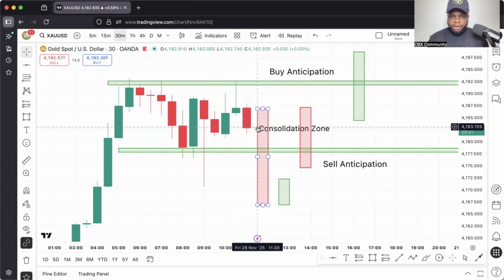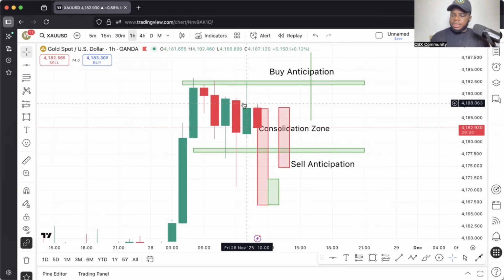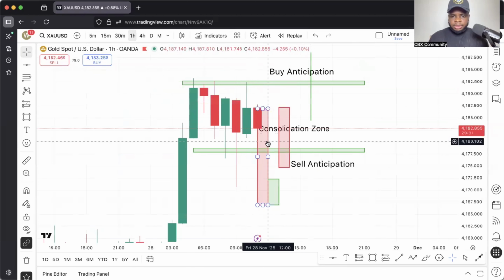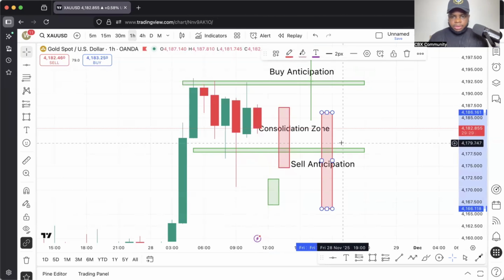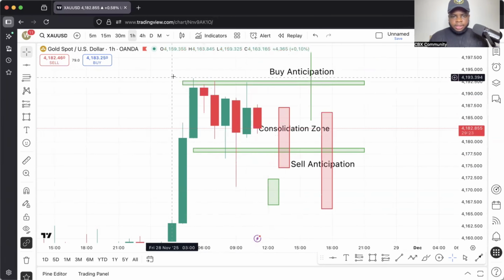So this is the beginning of this new 30-minute candle. Let's look at the 1 hour. Let's adjust this. Okay, so this is how the 1 hour candle is printing. So let's see.